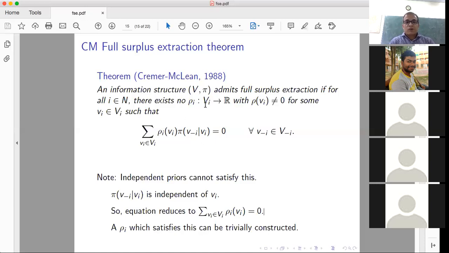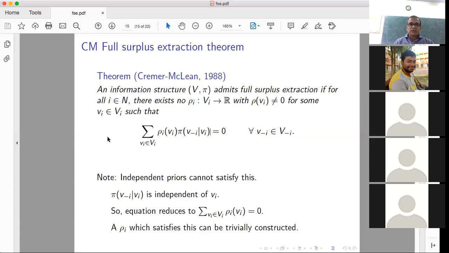That is, there will always exist rho i with rho vi not equal to 0 for some vi. Is that clear? Independence means that we are just taking this pi out of the equation in this system of equations, and so we can always satisfy it trivially.